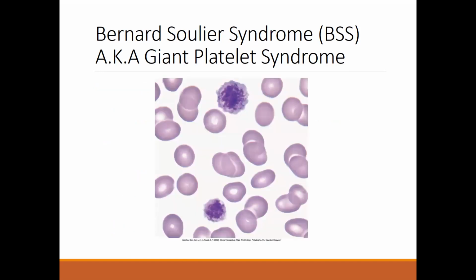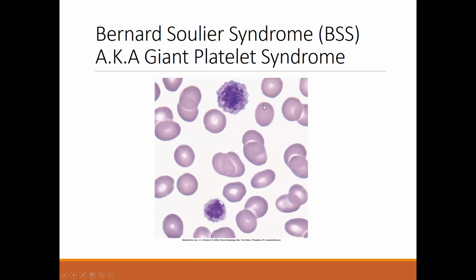And here is a picture of the giant platelets that you would see in a case of Bernard-Soulier syndrome. And these are your red blood cells right here, and this is a platelet. It looks like a cell. It's not supposed to look like this because platelets are really very tiny and they look like purple dots basically in the peripheral blood.